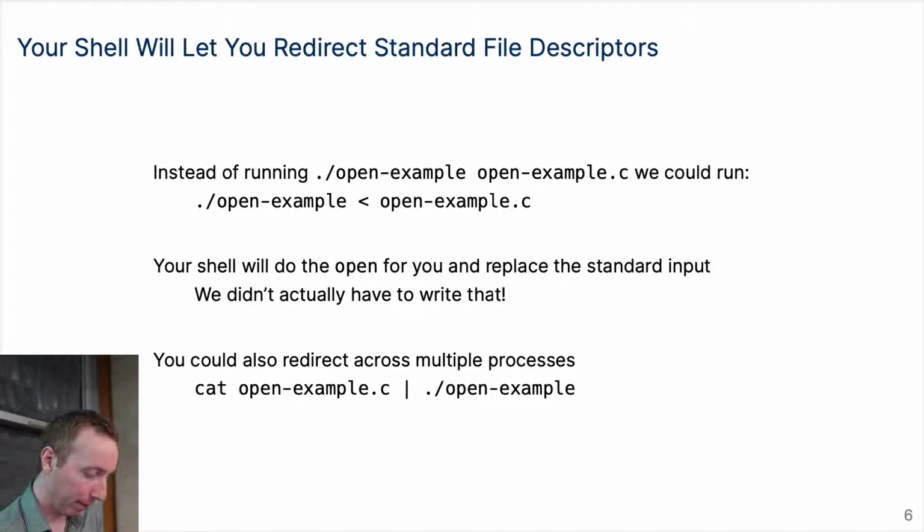So in this example, this could be the read-write example because I don't give it any arguments. You can use this character on your terminal, and it will essentially replace file descriptor 0. You can think of it as changing standard input to openExample.c. So your terminal itself will open that file for you and then feed it into that program.